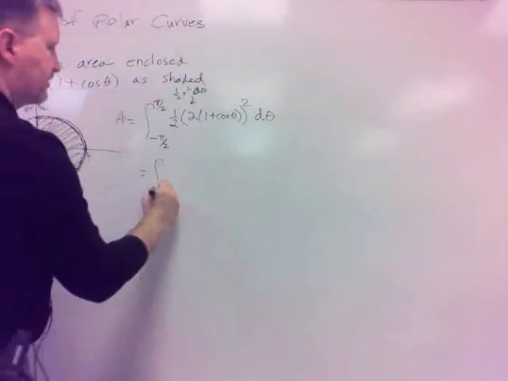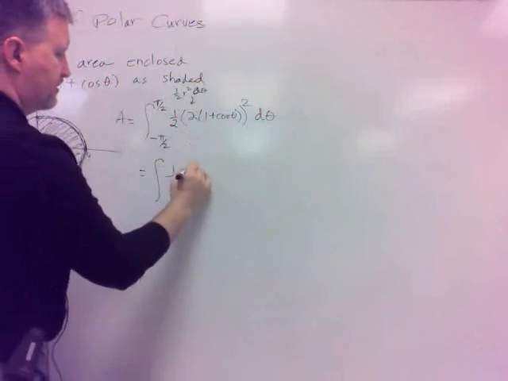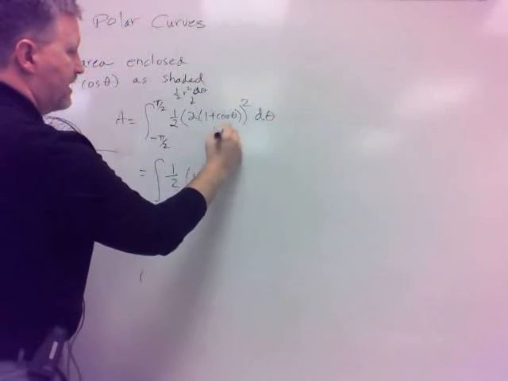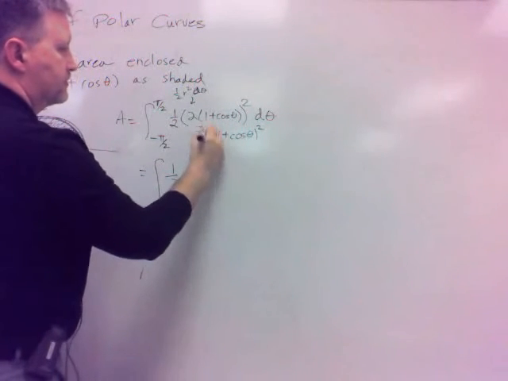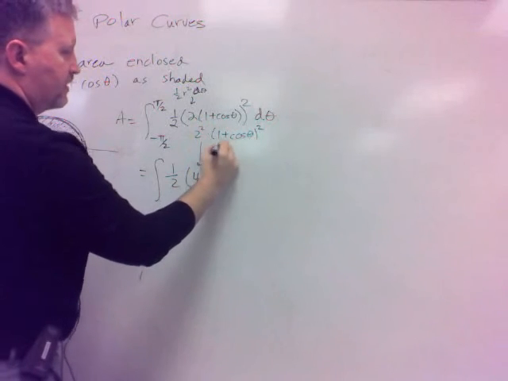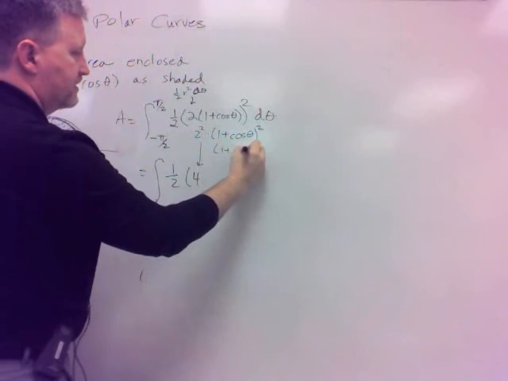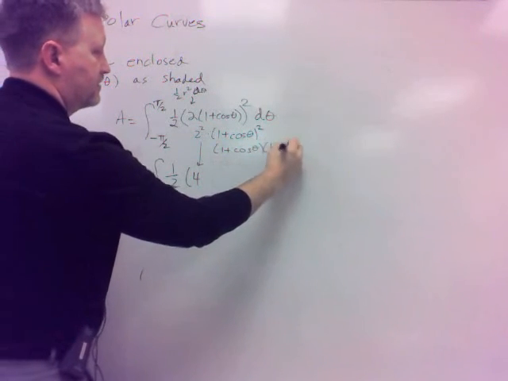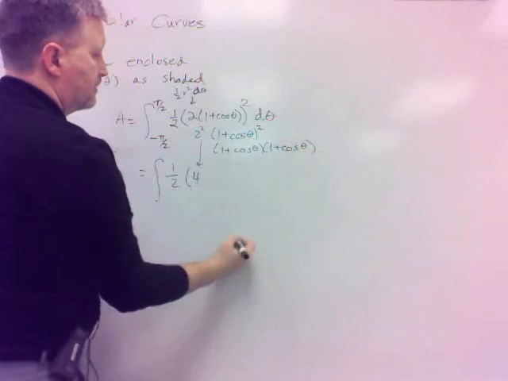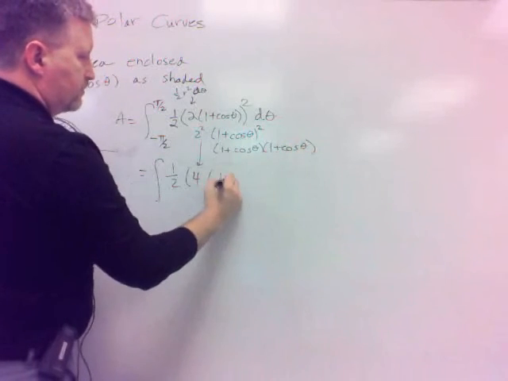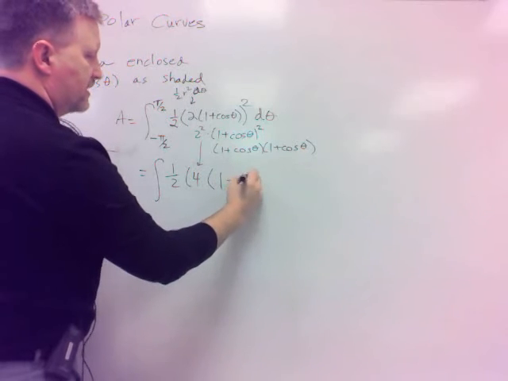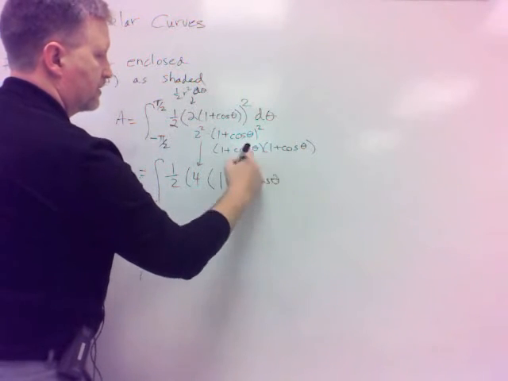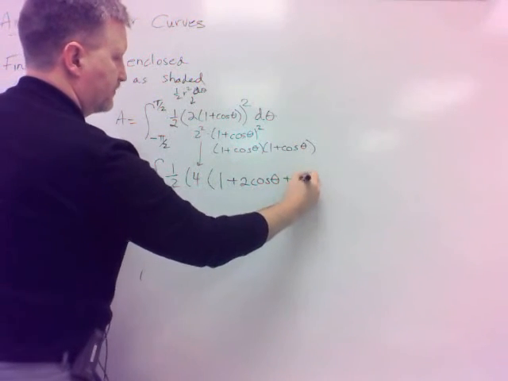Well, that's going to be the integral of 1/2. That would be, square that, 2 squared gives me 4. Square that, you've got 1 plus cosine theta, 1 plus cosine theta. So 1 times 1 gives you 1. 1 times cosine gives you cosine, so I've got 2 cosine theta, and then cosine times cosine gives me cosine squared.